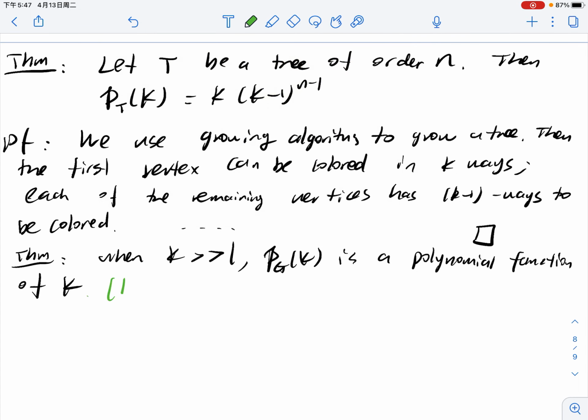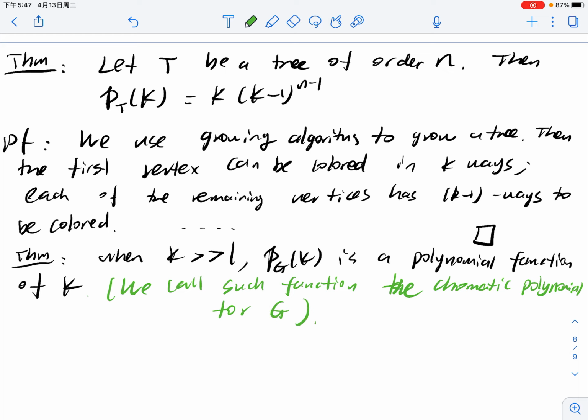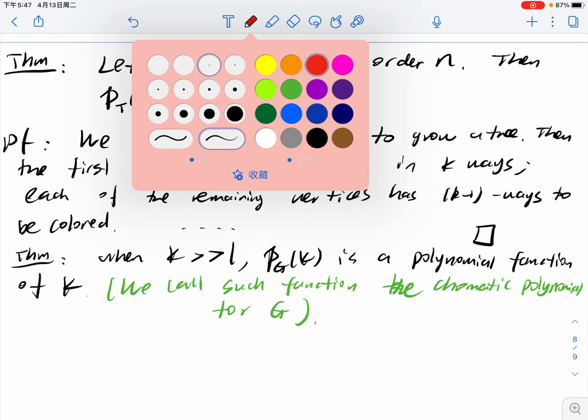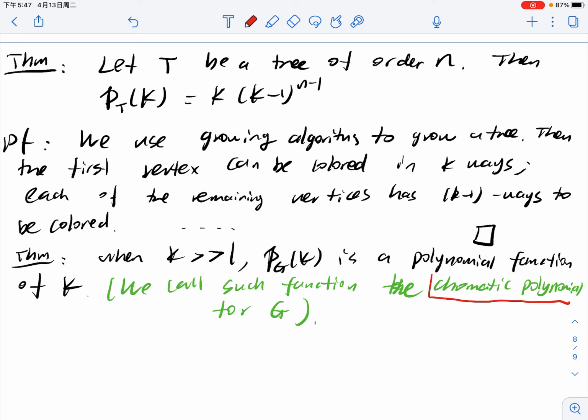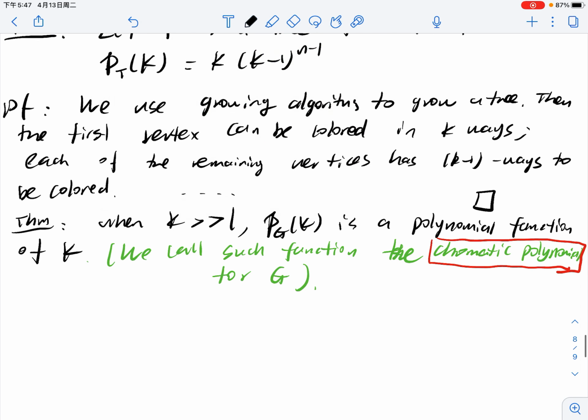So we call such a function the chromatic polynomial for the graph G. So we like polynomials in any sense.